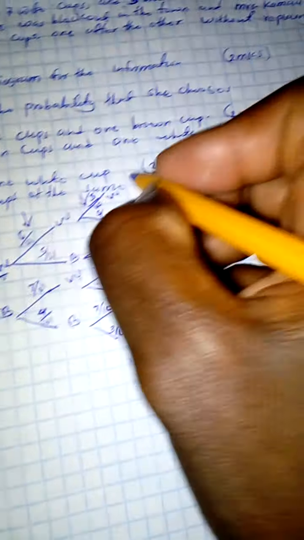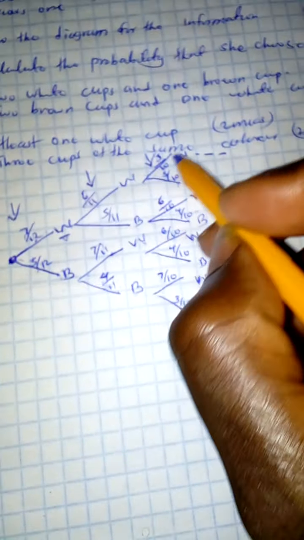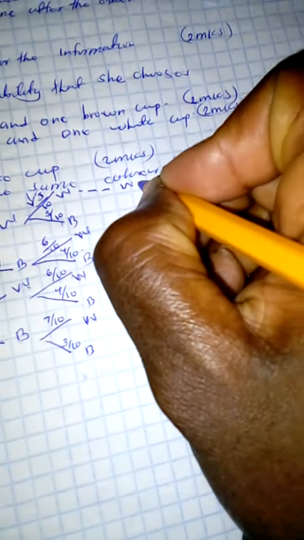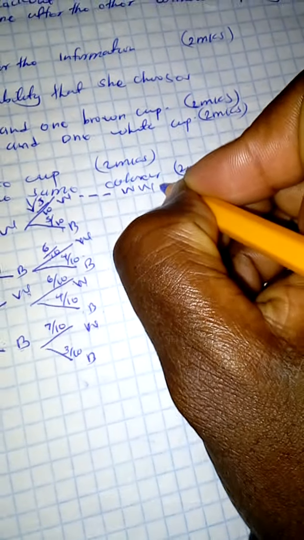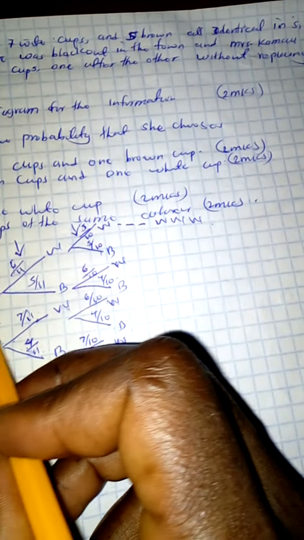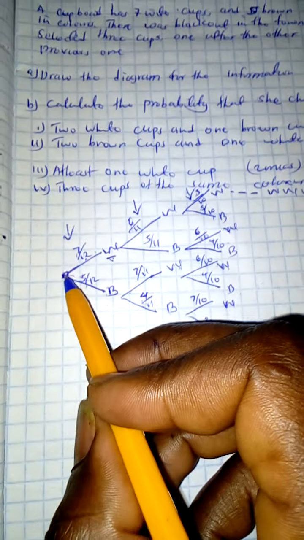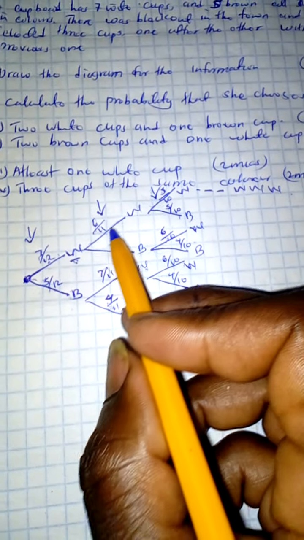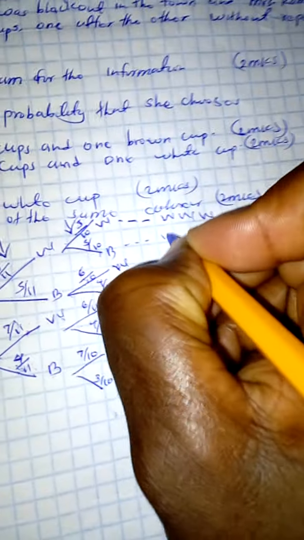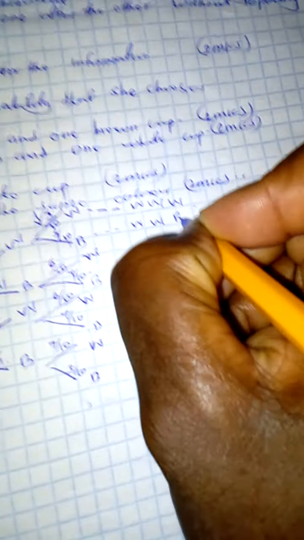Now the next thing we need to do is give out the outcomes. If you follow this route, following all these branches this way, you will find that it is white: the first pick is white, the second pick is white, then the third pick is white. Now they are all white. Then if you follow this branch here, you find white, white, brown.